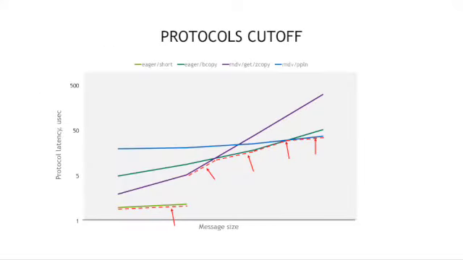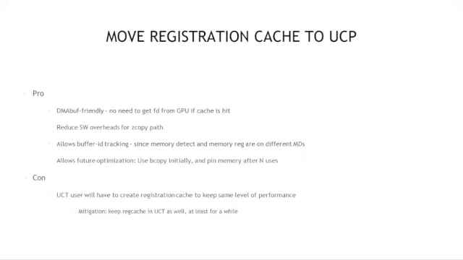So this comment that we have to keep our cache in UCT, at least for a while, means that we'll keep it until all the mentioned optimizations are done to amortize the cost. So I guess we'll have to, yeah. I just didn't get this, at least for a while. What would be the trigger to remove it eventually?